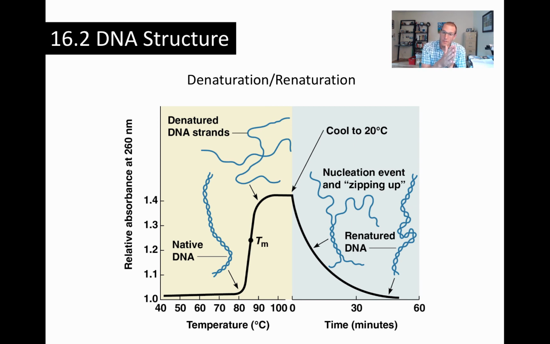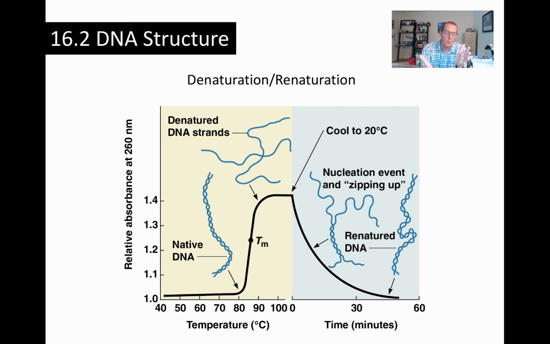This is the basis of techniques such as polymerase chain reaction, but it's also important in this technique called FISH, and it's used even to study aspects of evolution when you're looking at changes in nucleotide substitution.